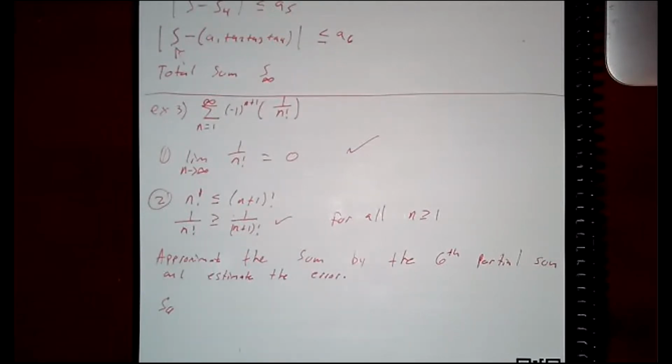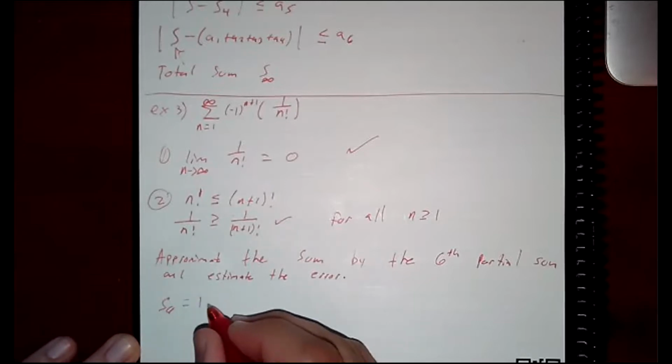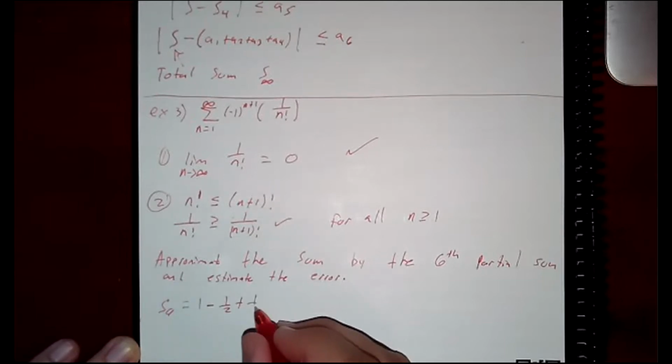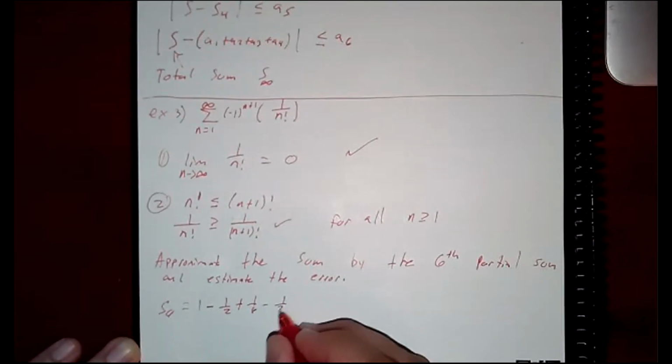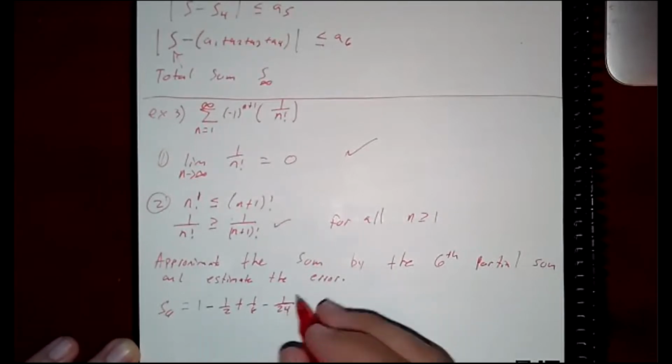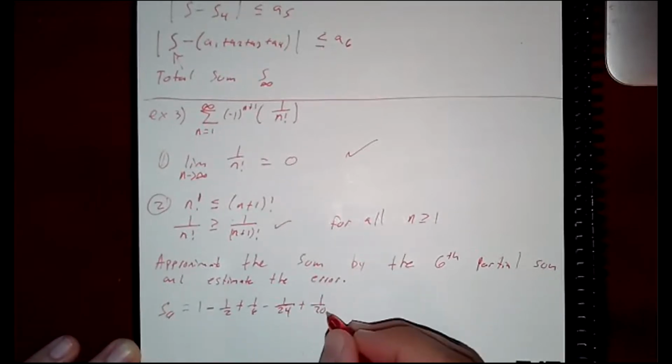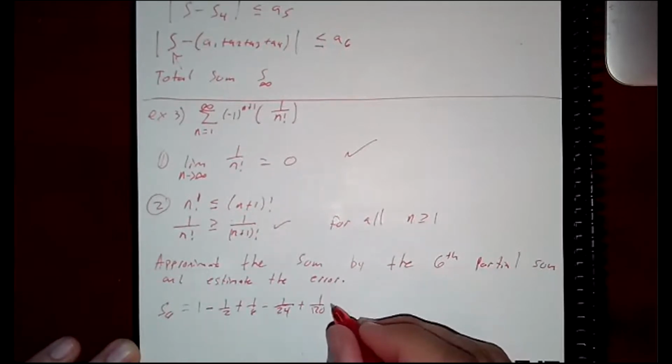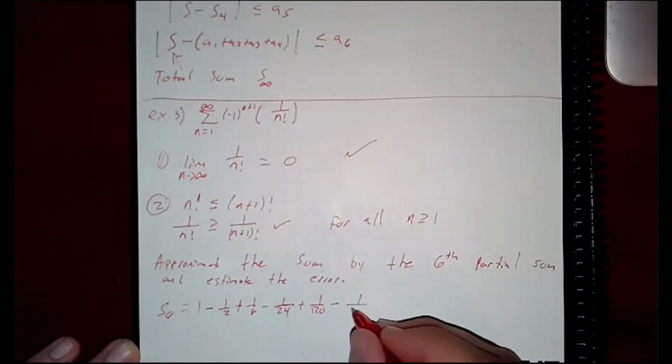So S6 would be the first term minus the second term plus the third term minus the fourth term, doing the factorials, plus, minus.